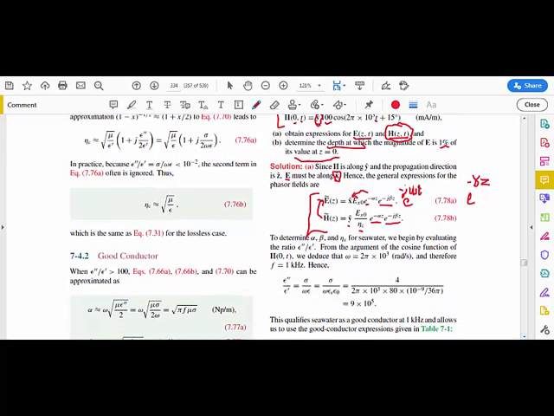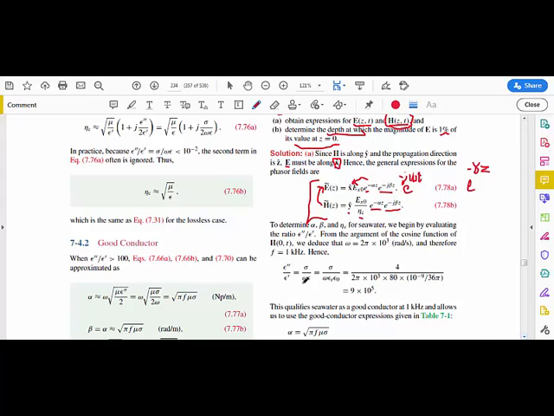So first we calculate the ratio sigma over omega epsilon, the conductivity over the angular frequency multiplied by permittivity. This is to specify the type of the material, and here we get 9 times 10 to the power 5. It's so large, larger than 100, so it can be considered a good conductor.